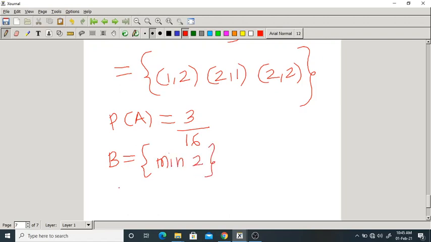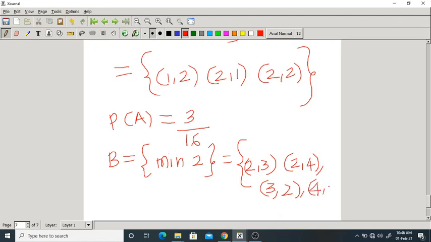What are the possibilities? Minimum 2 means 2 3, 2 4, 3 2, and 4 2.